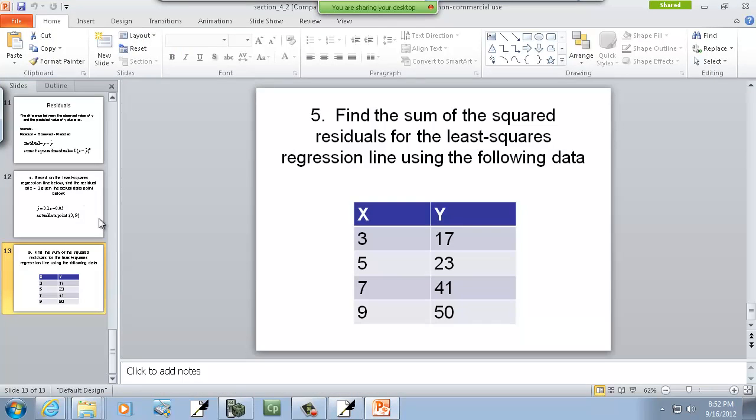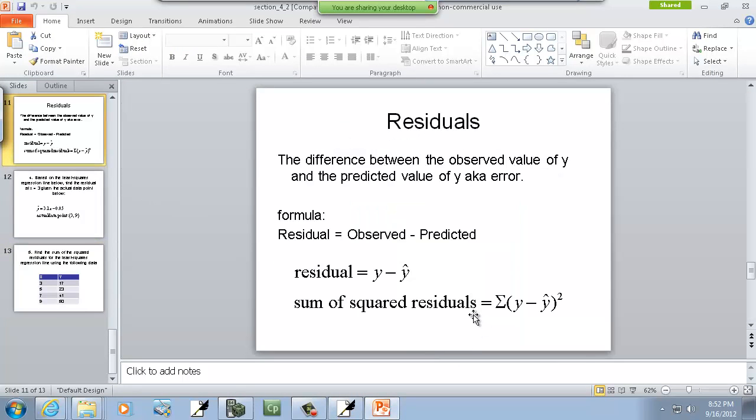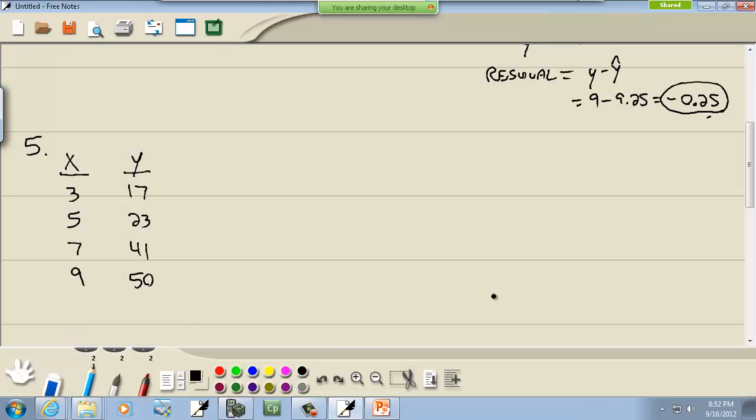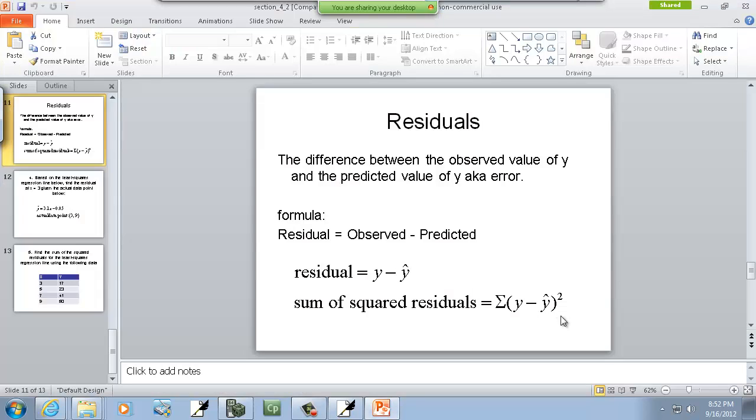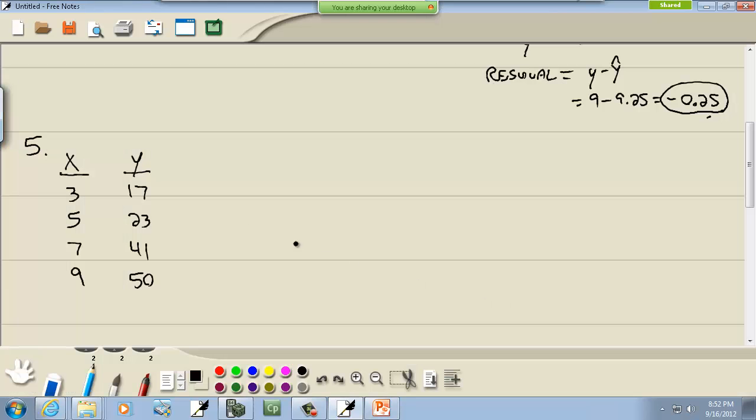And find the sum of the squared residuals. Well, let me come back up here to my formula. Let's look at what we need. We need y. I got the y's. We need y hat. So let's go find y hat, and we'll do that via our calculator.